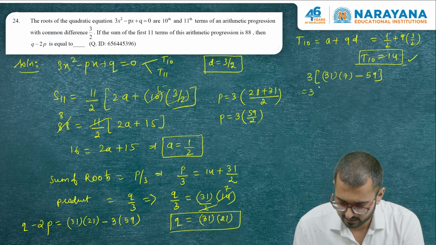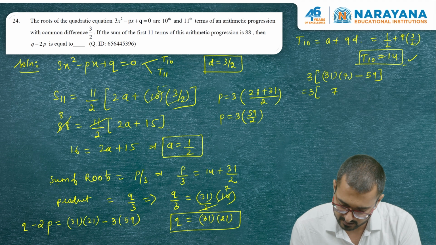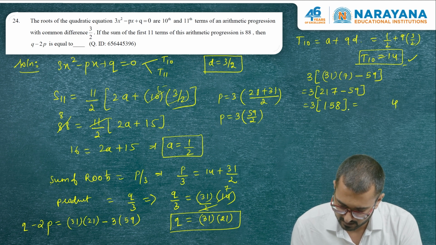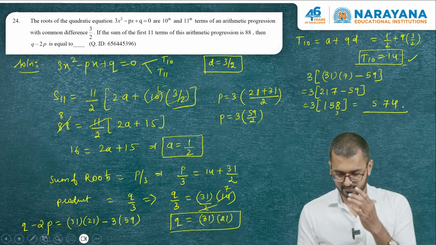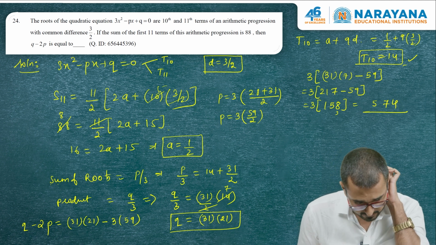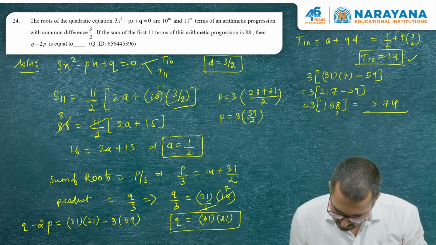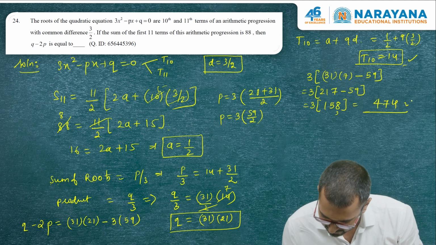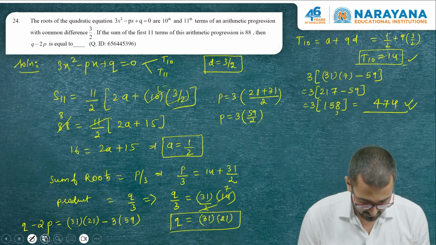So 31 into 7 is 217, minus 59, which is 158. So 158 into 3 is 474. So the answer to this question would be 474.